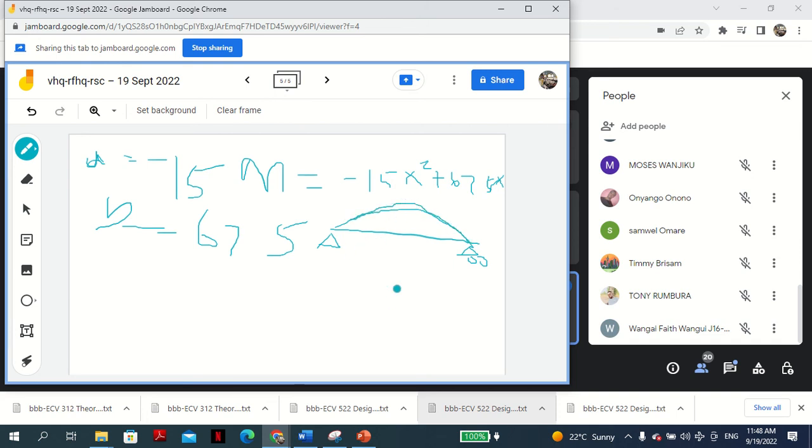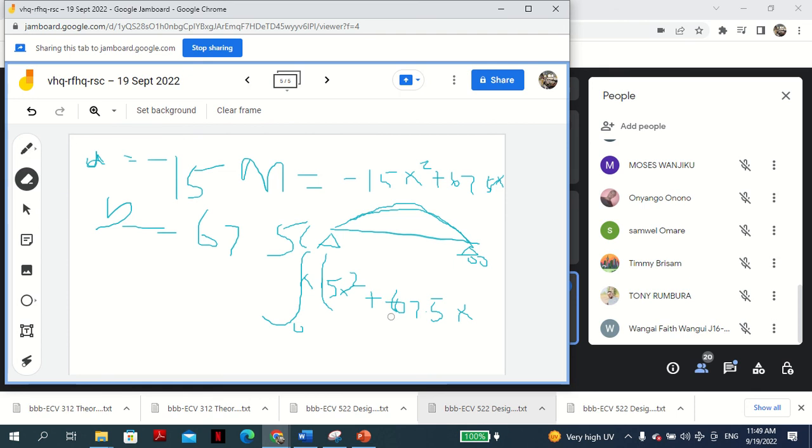So if you want to find the centroid, it is simply the integral from 0 to L of 15x squared plus 67.5x times x, integral, sorry, difficult to write.